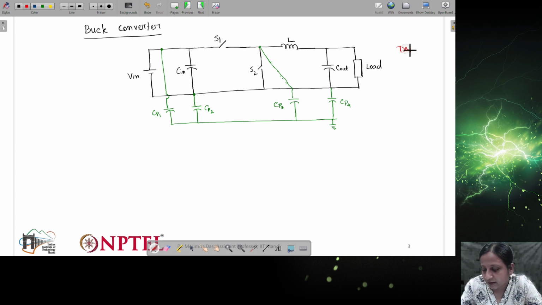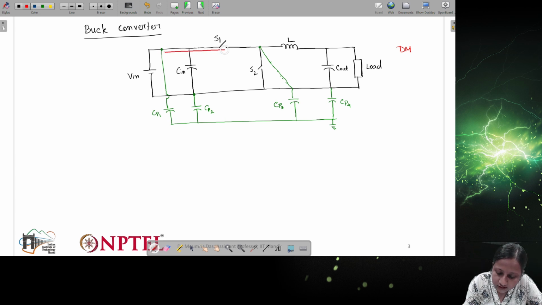I am just representing it in red color, right? It will be in the similar direction as the power signal. Generally, the power signal goes from the input through the switches to either switch S2 or maybe through L to the output capacitor, right? This is the direction of the current, and the return path will be through the circuit ground.